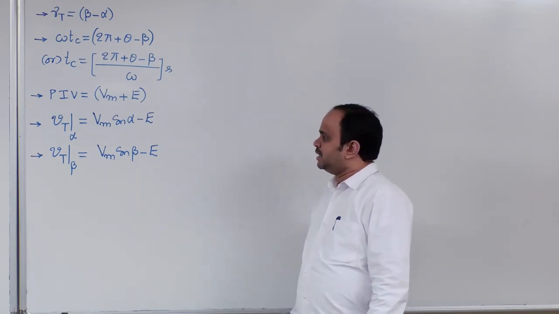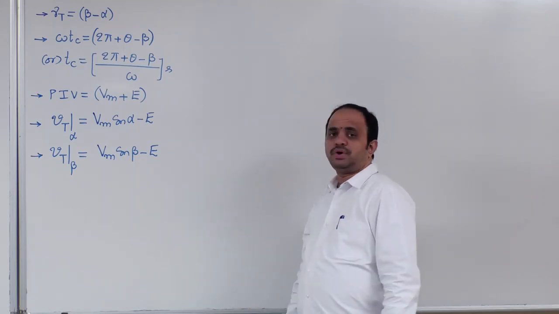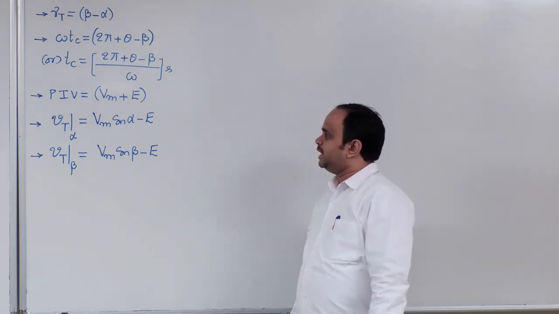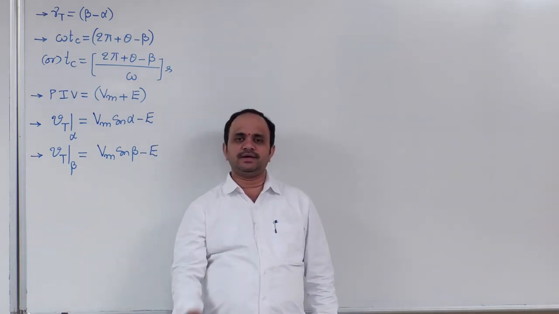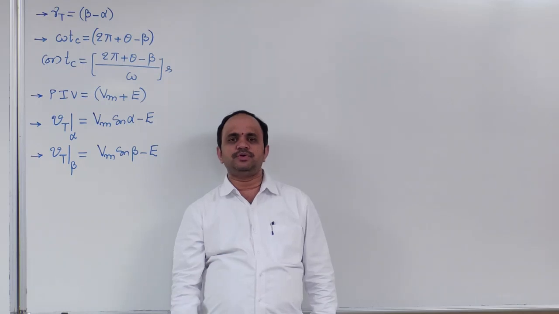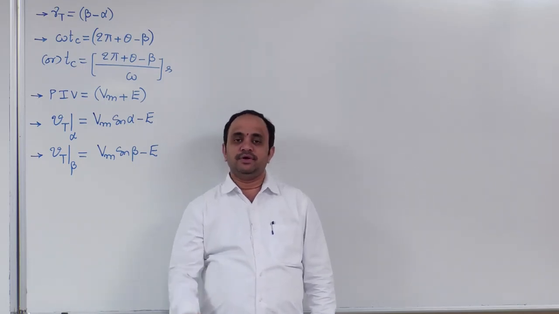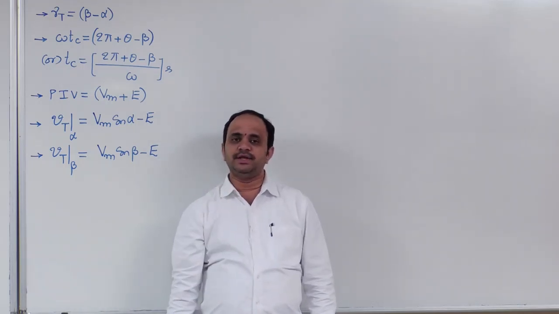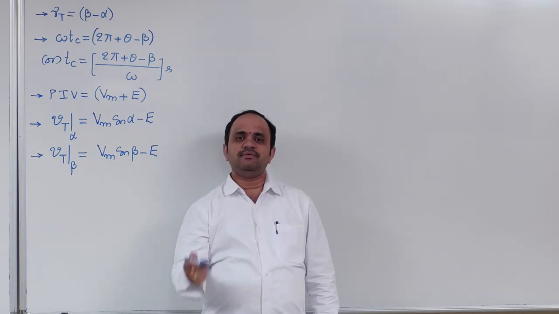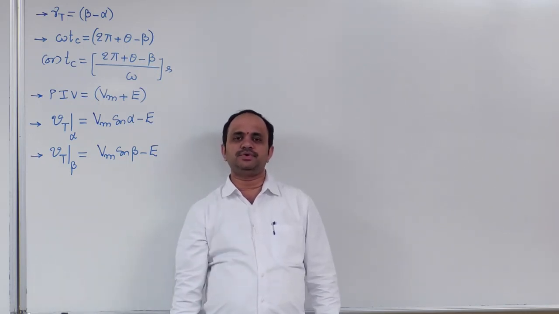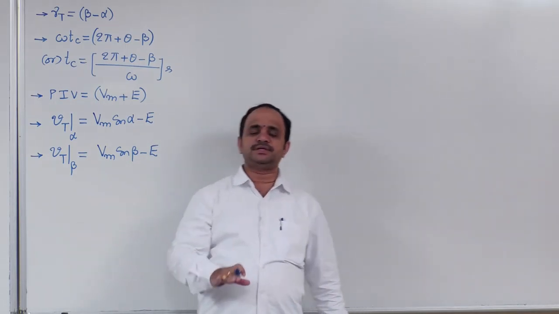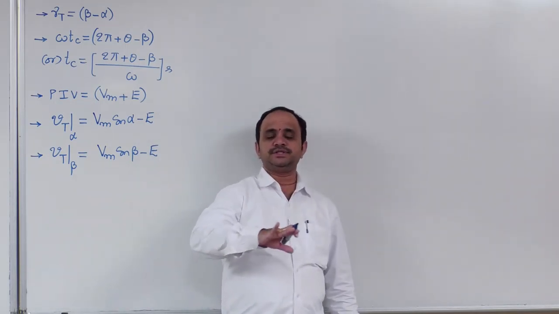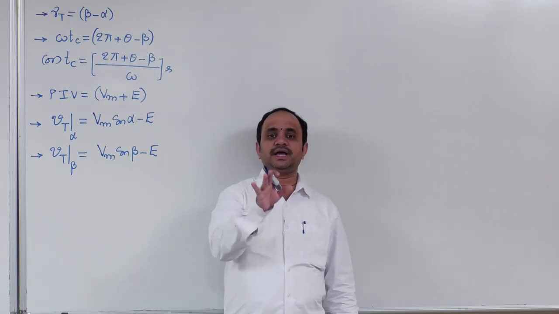Okay, next one. In case of RLE load, it is preferable to calculate average output voltage first, whereas in our earlier circuit, RE load, we said that average output current is preferable to calculate. Don't get confused; sometimes we calculate I0, sometimes V0.